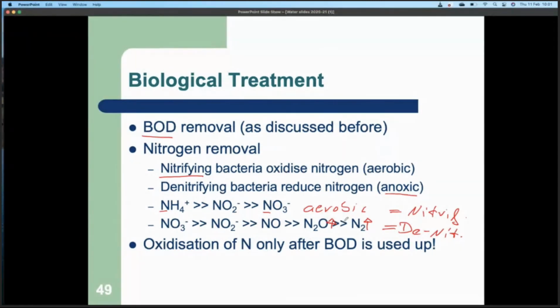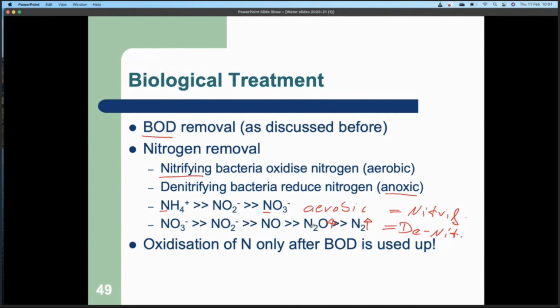So if this last step is inhibited, nitrous oxide can easily be generated. We don't want to do this because nitrous oxide has some 300 times or so the global warming potential of carbon dioxide. So it is a really, really super potent greenhouse gas, and you do not want to release nitrous oxide into the environment. In fact, there's a lot of research going on to avoid this.